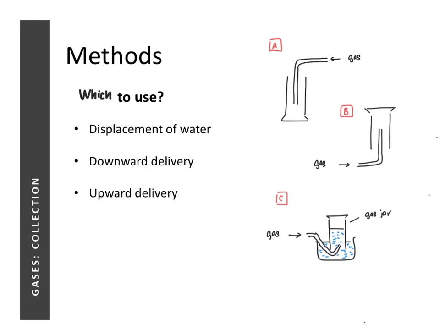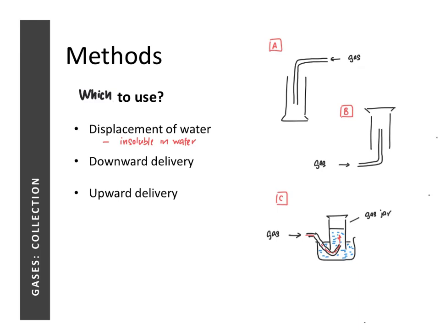The gas passes through the delivery tube, and it goes into water first before it displaces the water in the gas jar. So in order for the gas to be collected using this method, it cannot be soluble in water. Displacement of water is only suitable for gases that are insoluble in water.